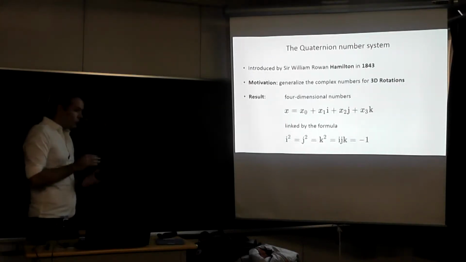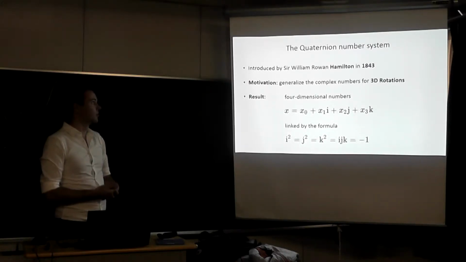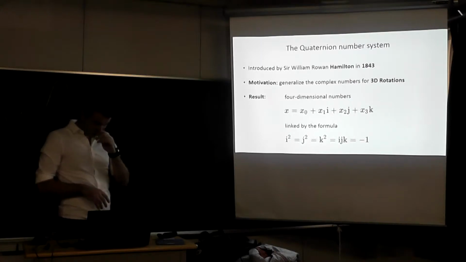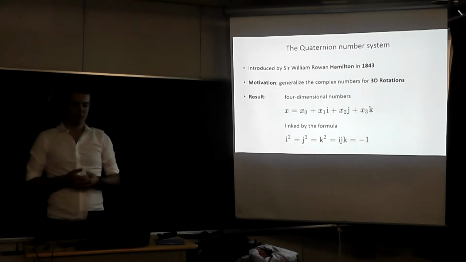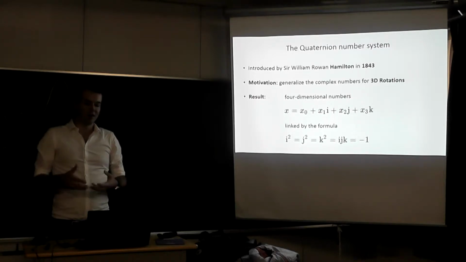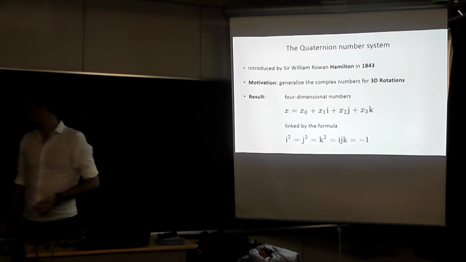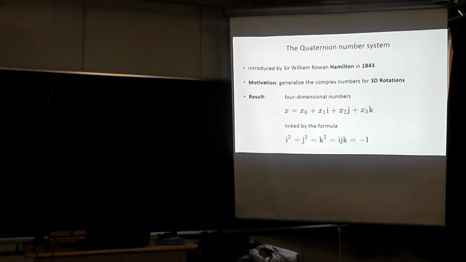So, first, those quaternions were discovered in the 19th century by Hamilton. And his original motivation was to generalize the complex numbers, and especially looking for some geometry in it, because with complex numbers you could describe rotations in a plane, two-dimensional space, right?